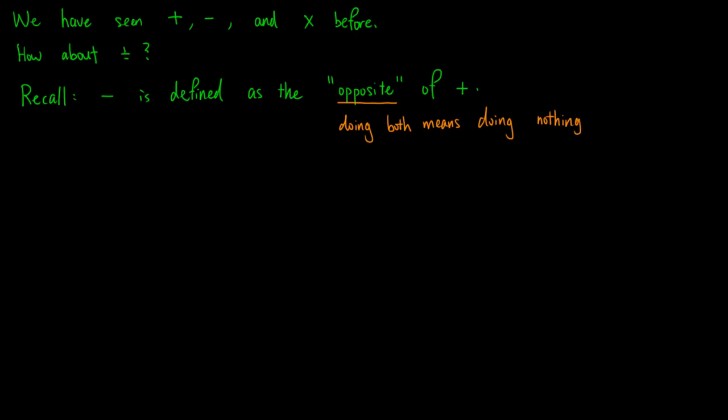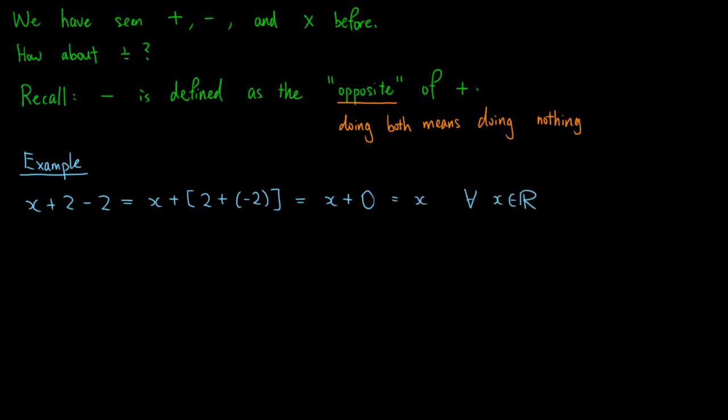would mean doing nothing. For example, in the real numbers, x plus 2 minus 2 equals x plus (2 plus (-2)), which equals x plus 0, which equals x, for all real numbers x. Here, we will call -2 the additive inverse of 2, and also call 0 the additive identity.